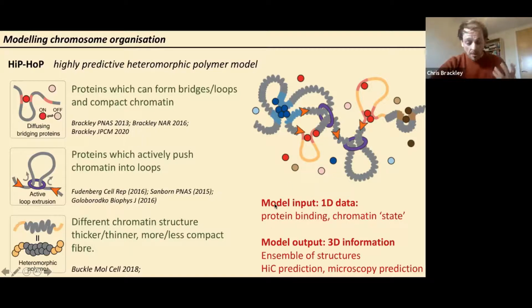These can be obtained from experiments which are typically simpler and easier to do than the Hi-C experiments, which I just mentioned. Then the output of the model is that we generate a 3D structure. These are stochastic simulations, so we do lots of repeat simulations and generate a whole population or ensemble of structures. Then we can extract things like a prediction of these Hi-C maps and predictions of microscopy measurements.